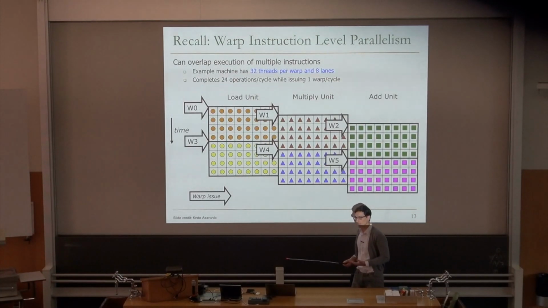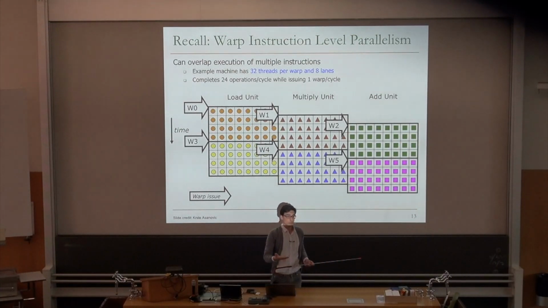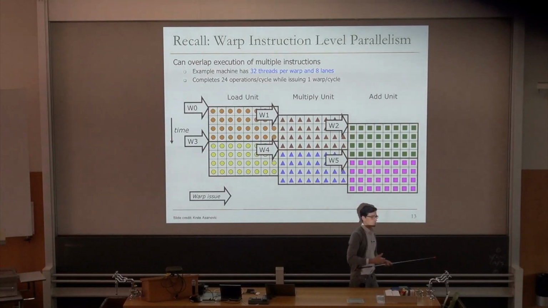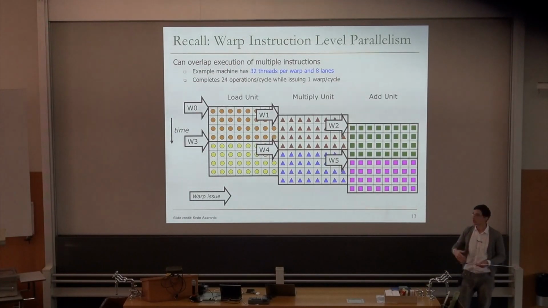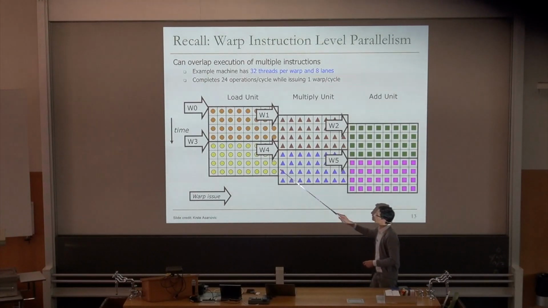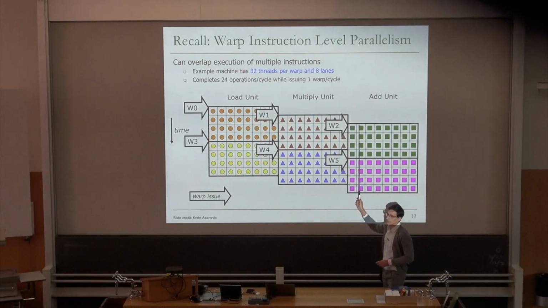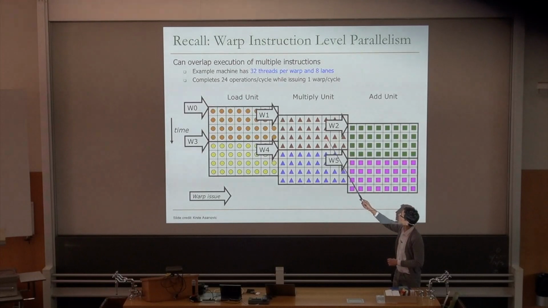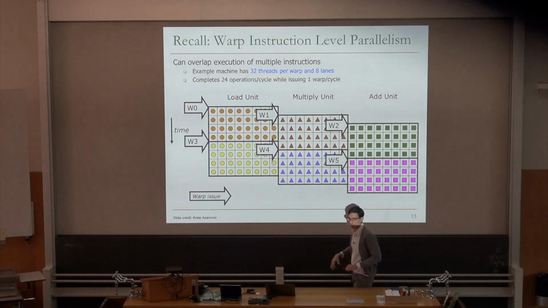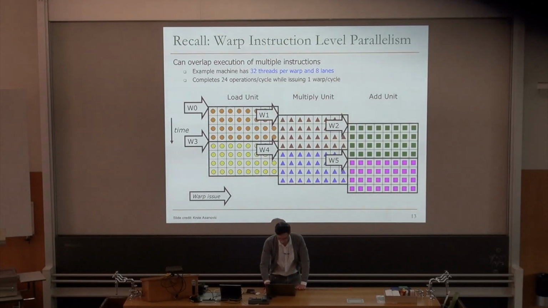So what the warp scheduler is going to do, or will try to do, as long as there are eligible warps, warps whose operands are ready for execution, is hide these long latency operations by issuing and executing instructions in the other available units. In this case, the multiply and addition units.